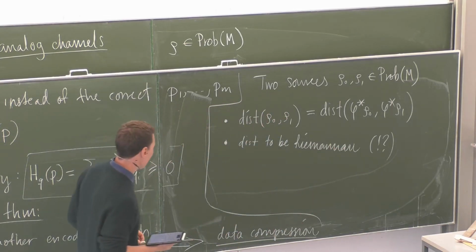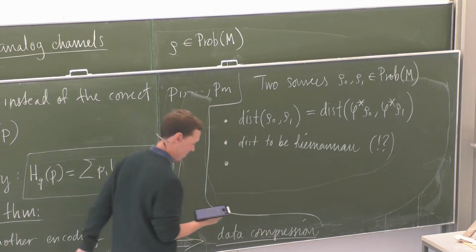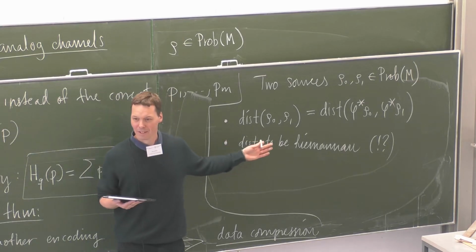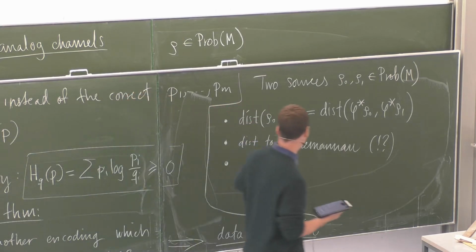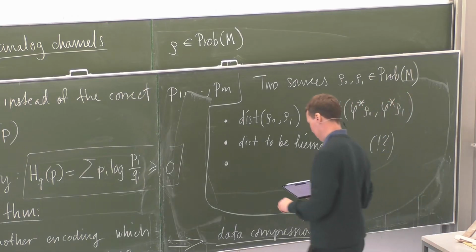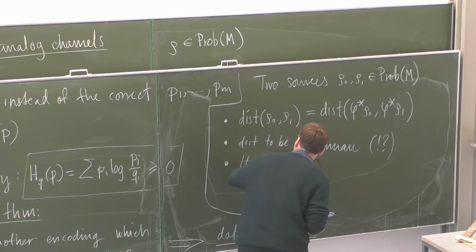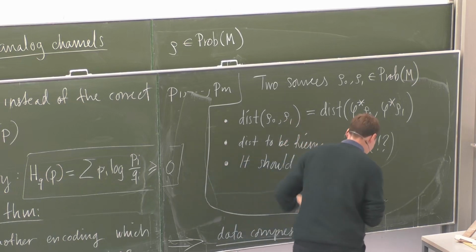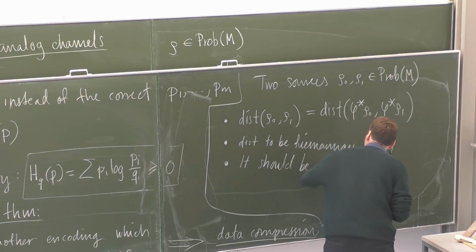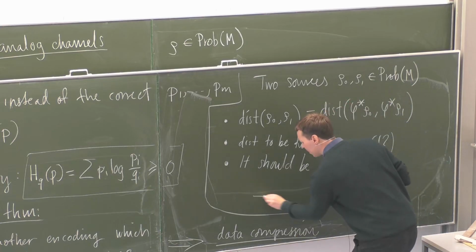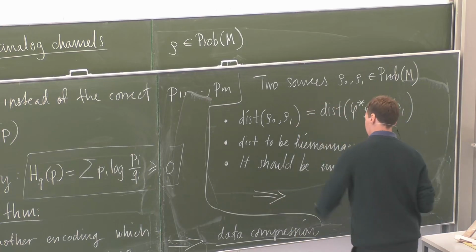And then the third one is what we absolutely wish for: what if there's actually a unique distance? Then that would be great. And in fact, if you say that it's Riemannian, it is unique. So the last thing we want is for it to be unique. And this, of course, leads us to the Fisher-Rao metric.